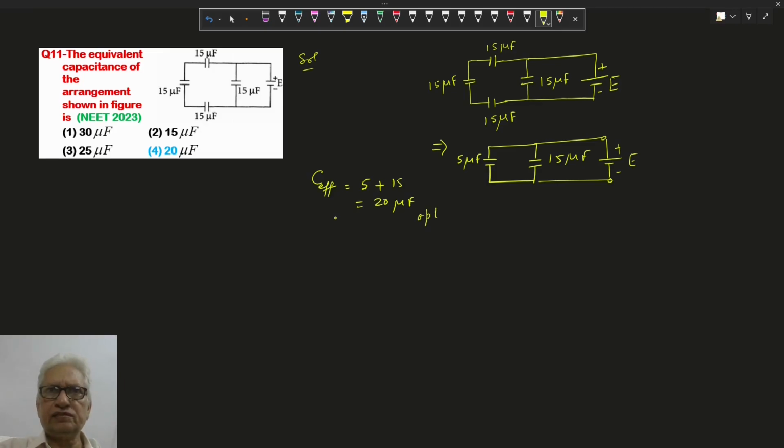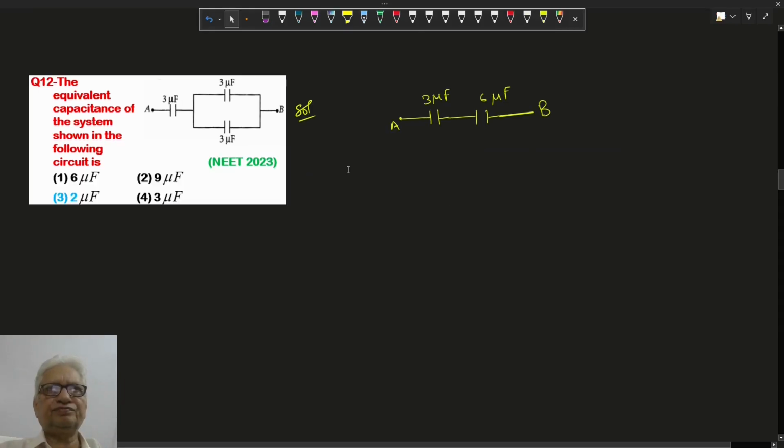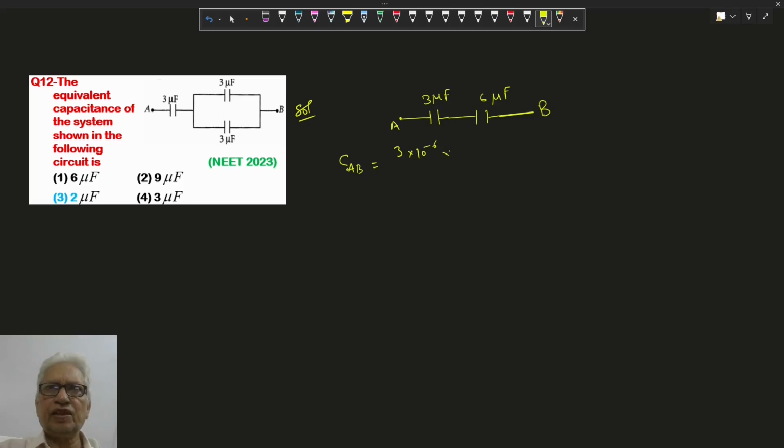Option here is... In this question, these 3 and 3 are in parallel, will become 6, C1 plus C2, and 3 and 6 are in series. So we can use the formula of series, either reciprocal or C1 C2 upon C1 plus C2.